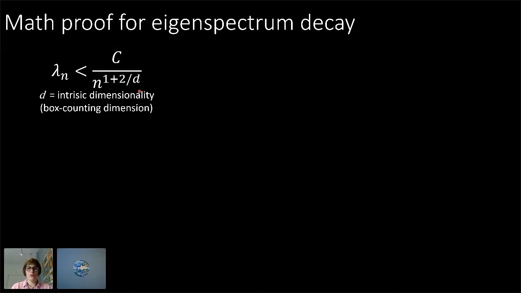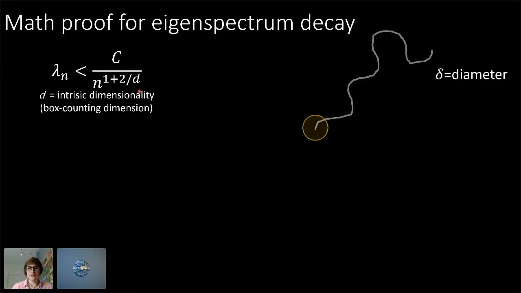Okay, so let me sketch this proof for you a little bit. We're saying that our neural manifold has dimensionality d, and we're defining this dimensionality d as the box counting dimension. What that means is if d is 1, then I can cover my space with balls of diameter delta.